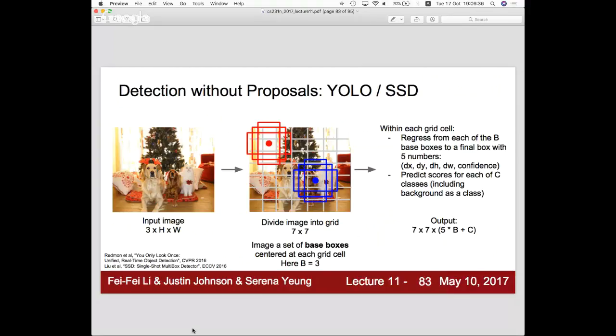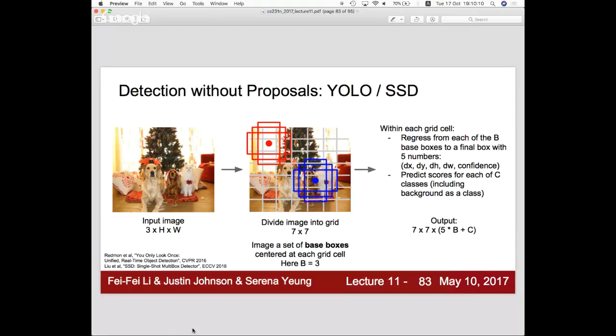Within each grid cell, we need to predict basically 5 numbers. This is the regression part. We need to predict the x and y position of the center, then the h and w, which are the height and width of the box, and then the confidence, which is the probability of whether there is an object in the box or not. Then within each grid cell, we also need to predict the score for each class, including background.